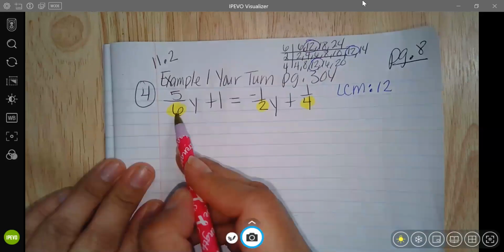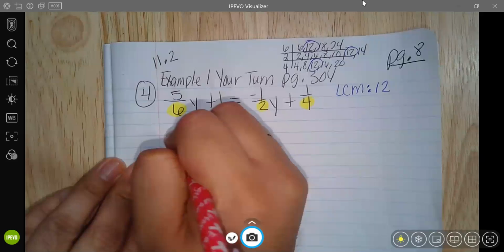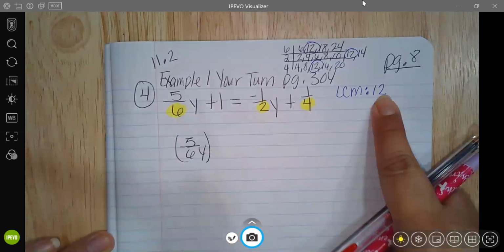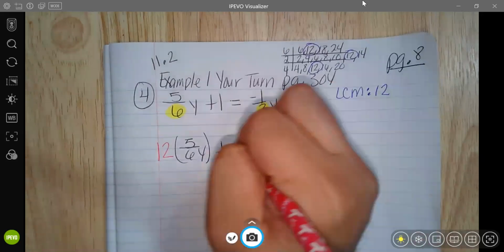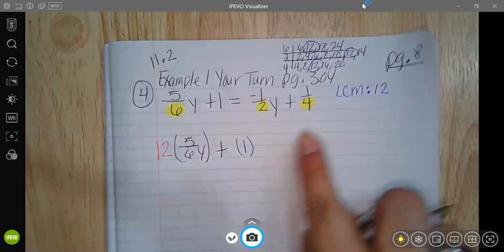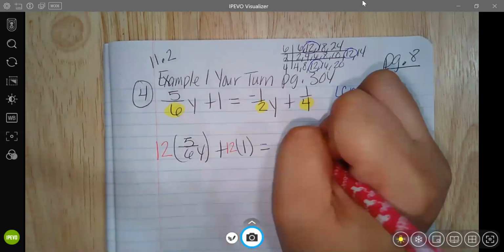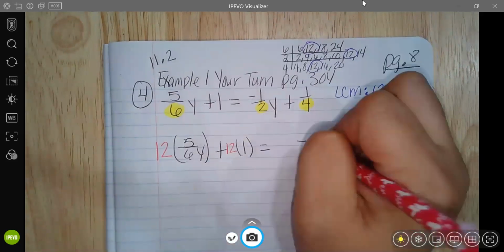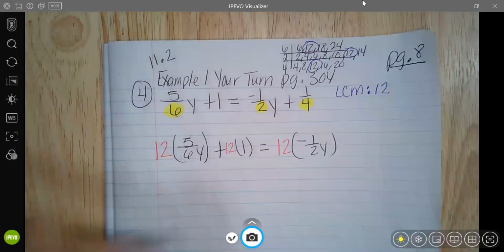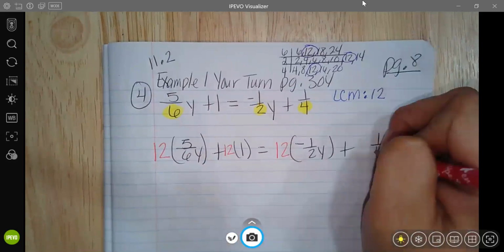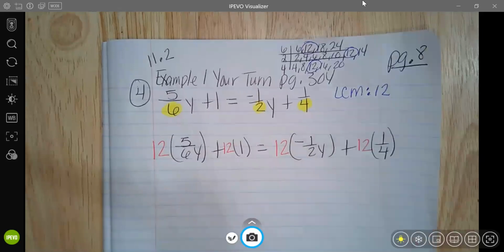So let's take 5/6y and multiply it by our LCM, which is 12. Next, I'm going to take 1 and multiply it by our LCM, which is 12. Equals negative 1/2 y, and we multiply that by our LCM, plus 1/4, multiplied by our LCM, which is 12.